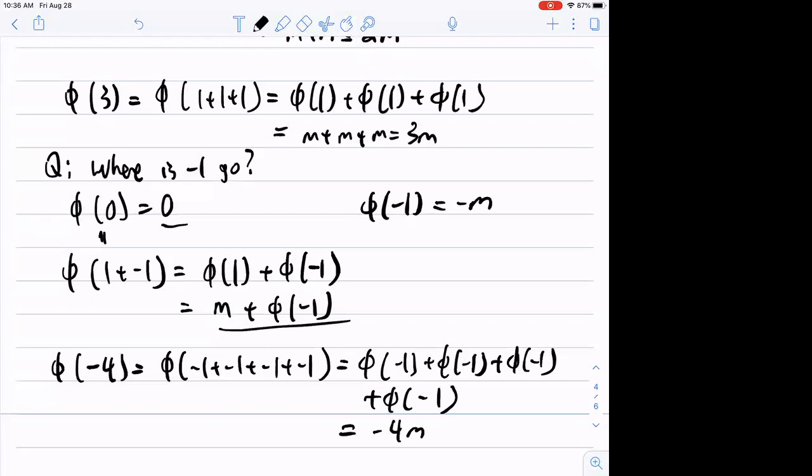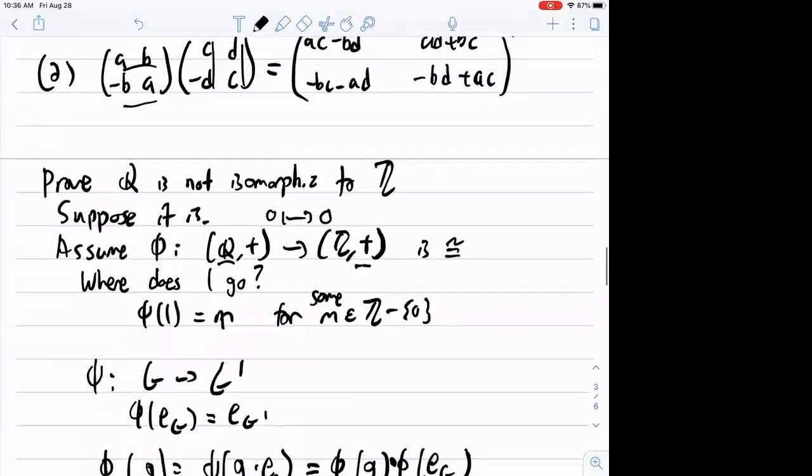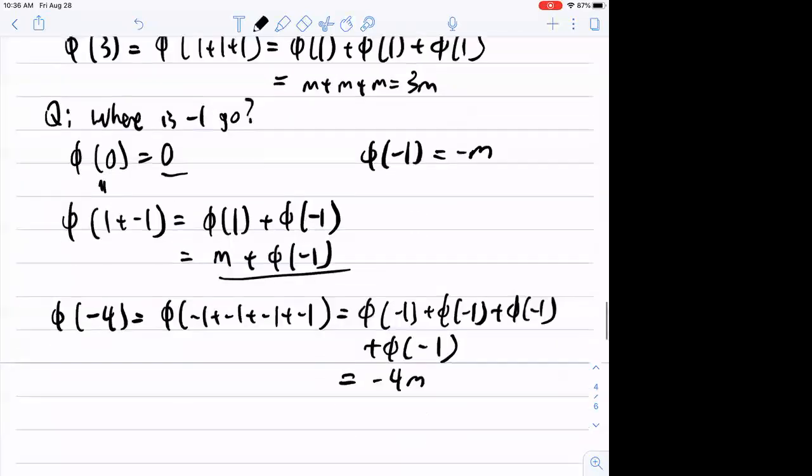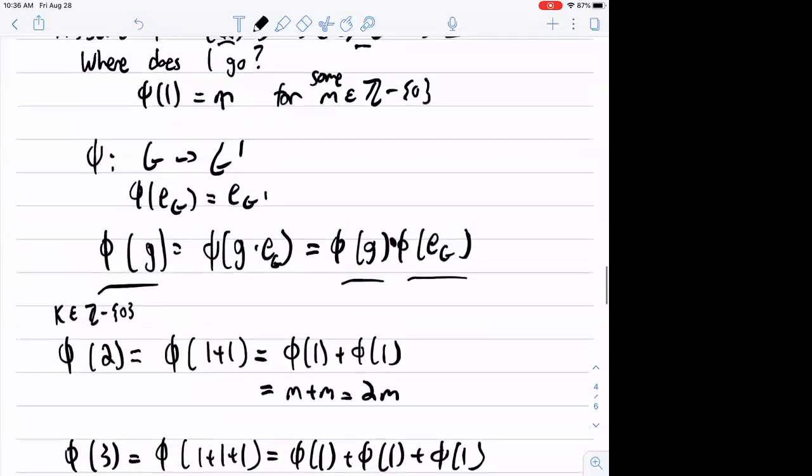Does everyone follow? So once I declare where 1 goes, by this property, remember if it's an isomorphism, phi of g1 g2 has to equal phi of g1 phi of g2. I'm using this property, and then inductively you get it for g1, g2, g3, g4.